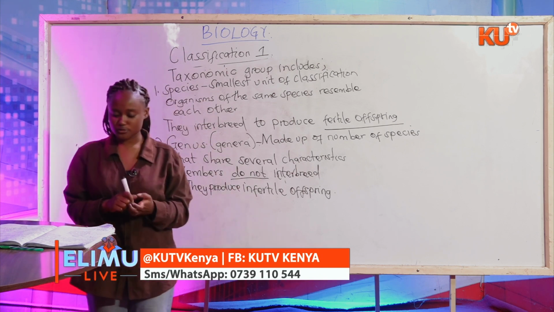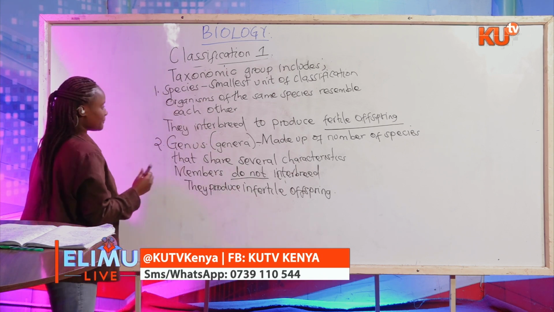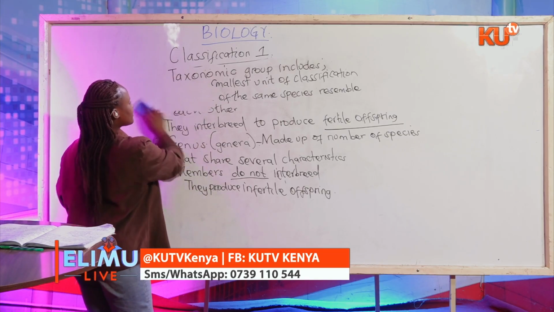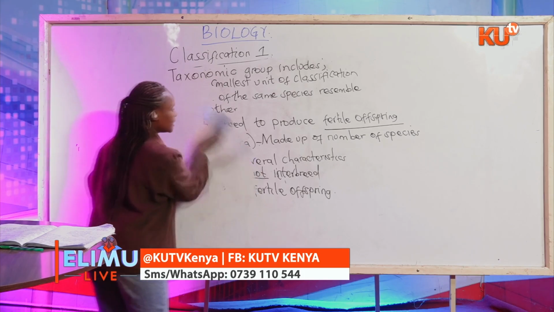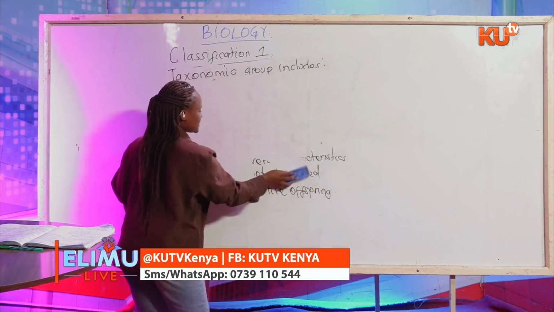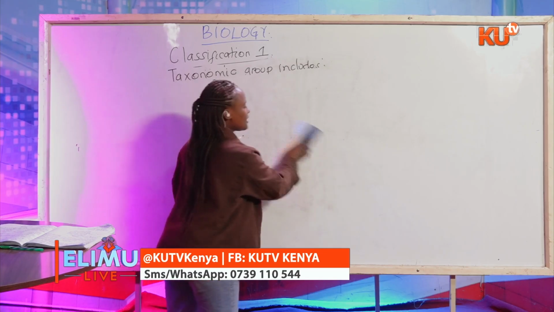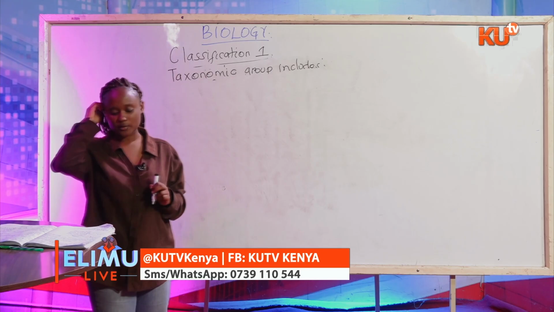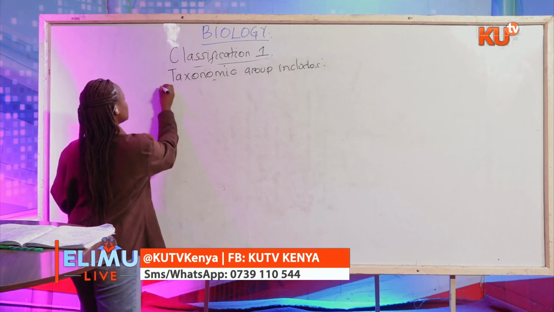Now we go to the third unit, which is family. Our first one was the smallest unit, which is species. Then we had genus, and now we have the third one, which is family.